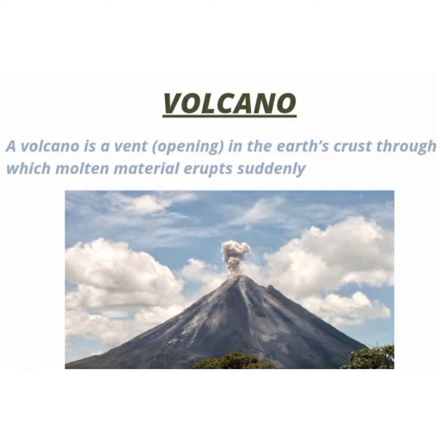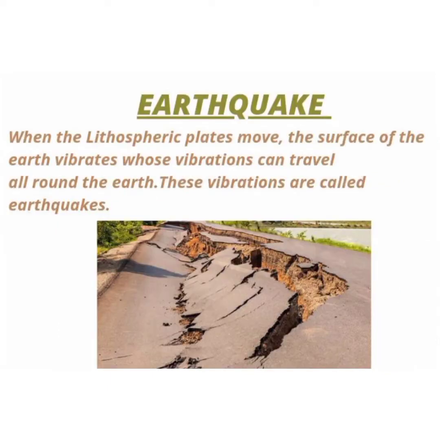Volcano. A volcano is a vent or an opening in the Earth's crust through which molten material erupts suddenly. And what is an earthquake? When the lithospheric plates move, the surface of the Earth vibrates, and this vibration can travel all around the Earth. These vibrations are called earthquakes.